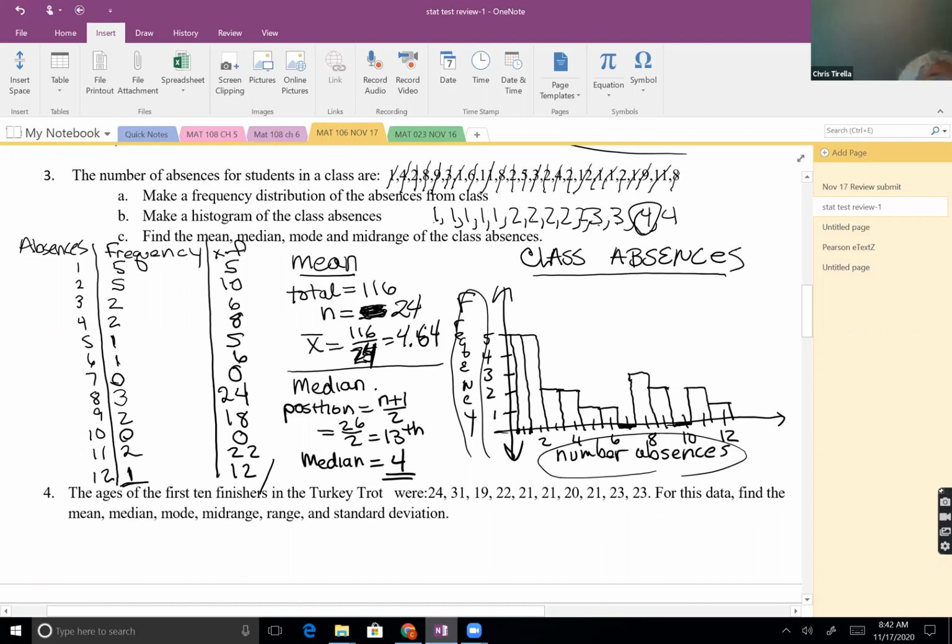So dividing, that changes my mean a little bit, doesn't it? 116 divided by 24 would be 4.83.